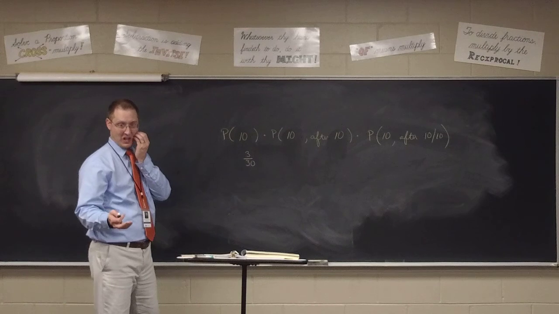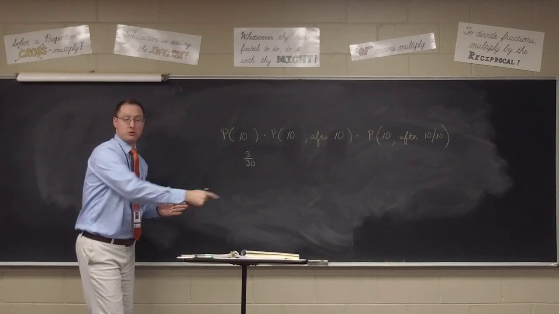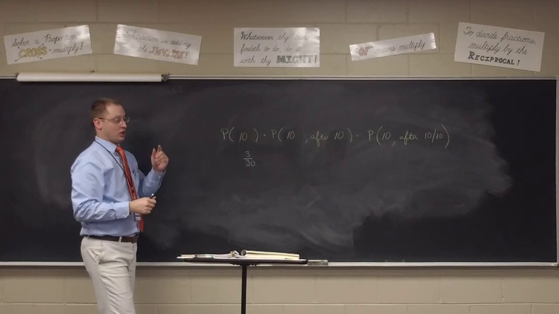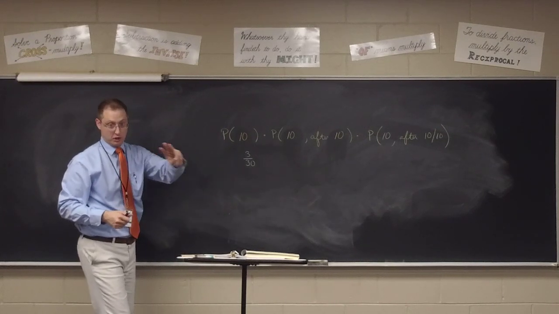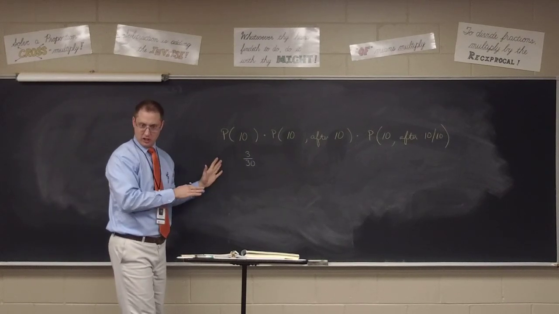Remember, there's a 1 through 10 red, 1 through 10 yellow, 1 through 10 blue. So that's a 10 red, a 10 blue, and a 10 yellow. It's only 3 total cards that have 10s on them.